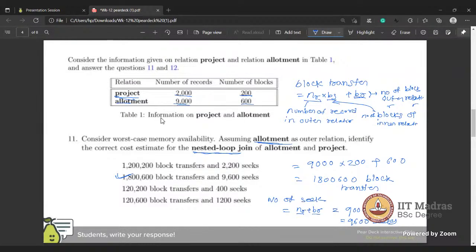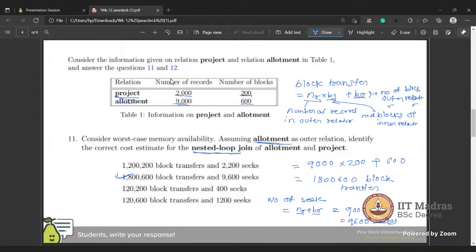On what basis are we saying that 200 is the inner block? There are two relations, project and allotment. 2000 is the number of records and 200 is the number of inner blocks. On what basis are we saying this is the inner block? Okay, here the outer relation is correct.